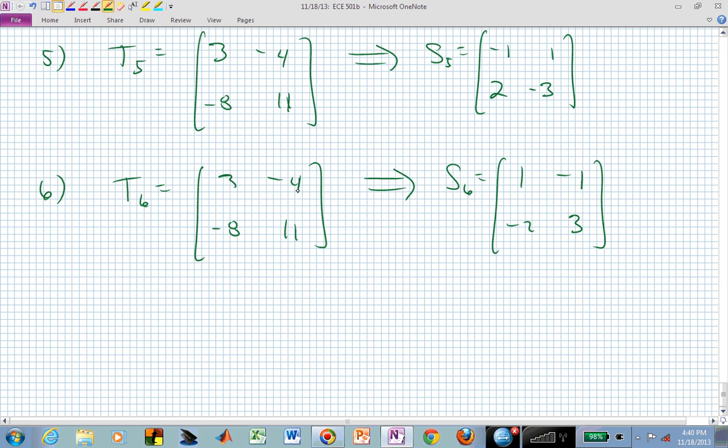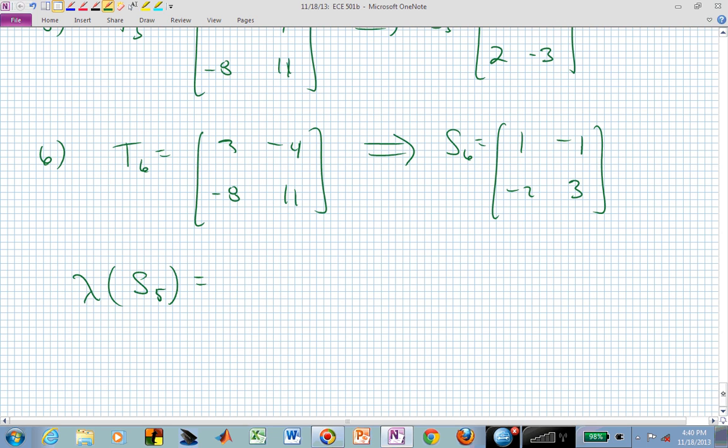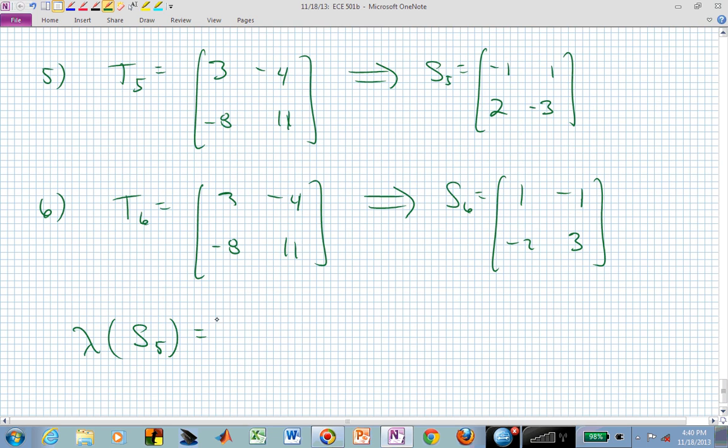Now you have 2 different square roots. If you actually computed the eigenvalues of the square root of S5, I hope that's what I've actually done. In this case, the eigenvalues of that S5 are minus 0.2679 and minus 3.732. So that's definitely not a positive matrix, S5.